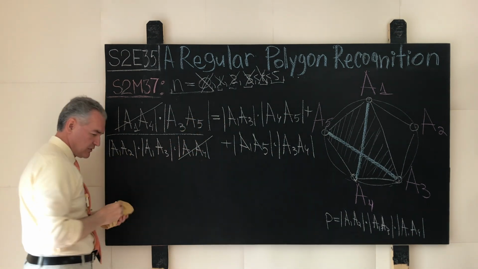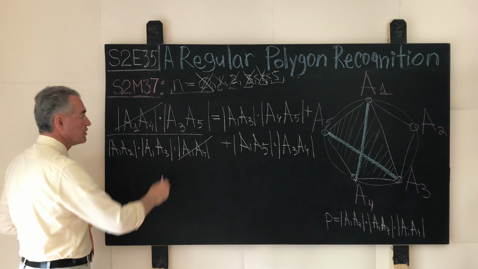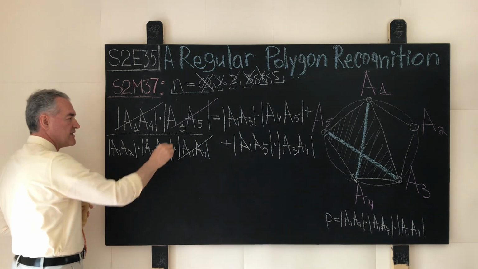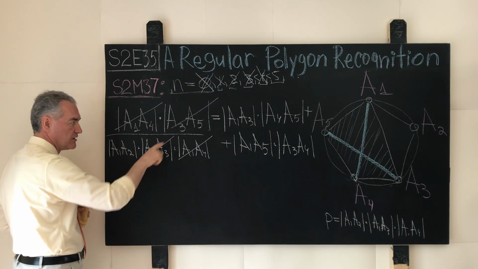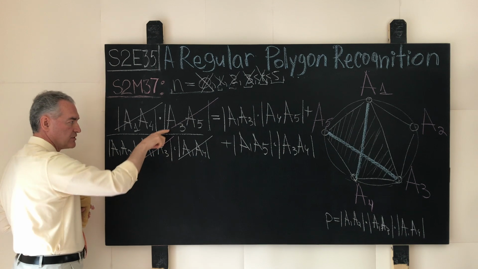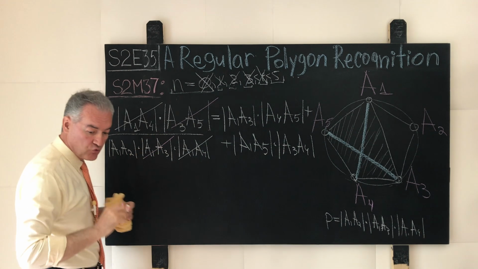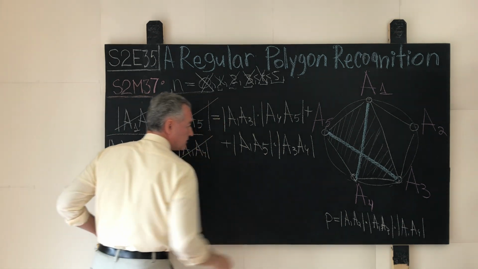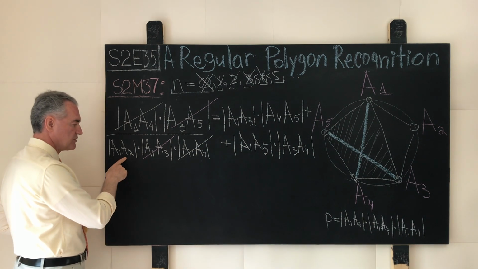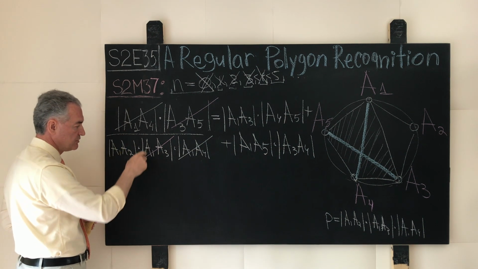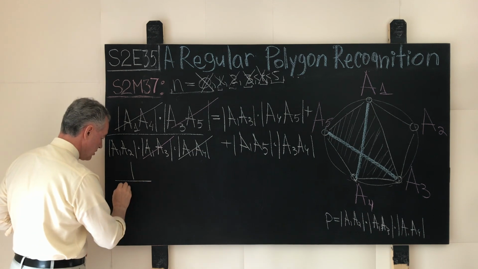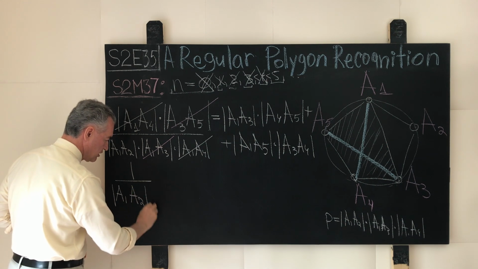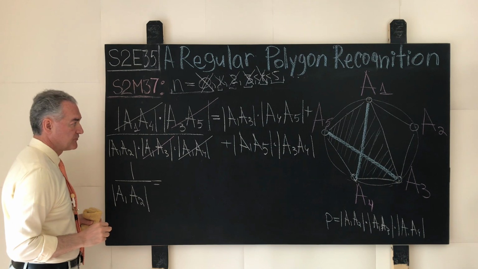Consequently, let me use maybe another chalk over here, cancel out the distance between the points A3 and A5 and the distance between the points A1 and A3. This equality of these distances will hold for any non-degenerate regular polygons. Also, it will hold in a regular pentagon. And what will we have left on the left-hand side of this relation? You see, we will have 1 over the distance between the vertices A1 and A2 on the left hand side.